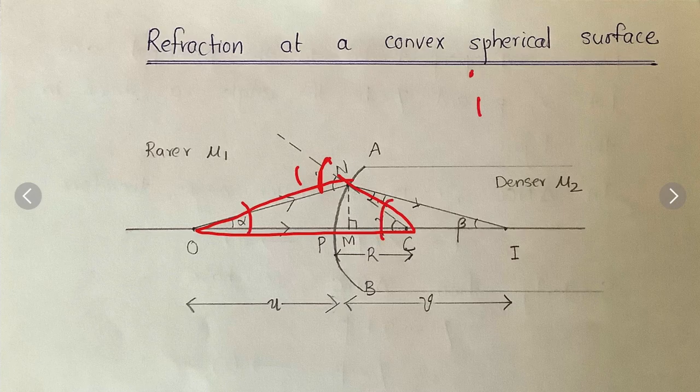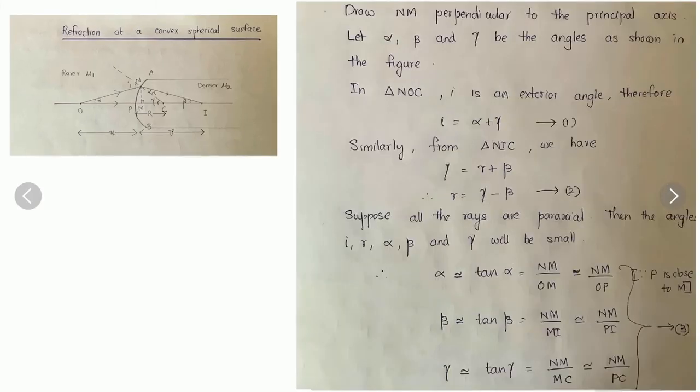Therefore, the exterior angle is equal to the sum of the opposite interior angles. i is equal to alpha plus gamma. That is what I have written here as equation number 1.